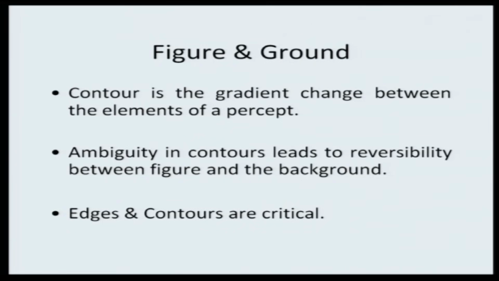So ambiguity in the contours leads to reversibility, and I said that a little later we will see a few examples of reversible images. But in reality, in most cases, we have the edges and we have the contours. If you are able to establish this distinction, then you would very easily be able to see a visual image against a background, and similarly you can hear a sound against the noise that you are hearing.